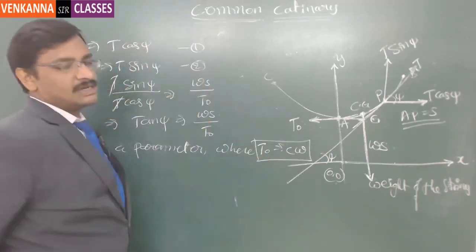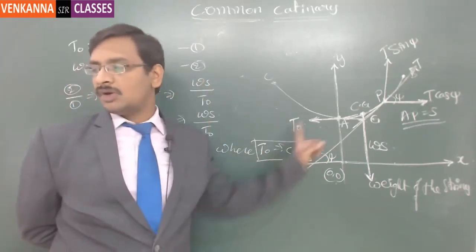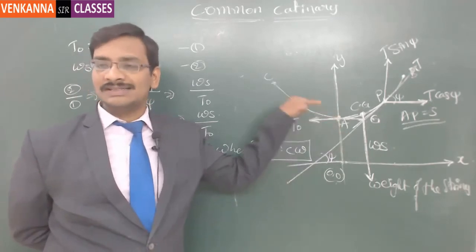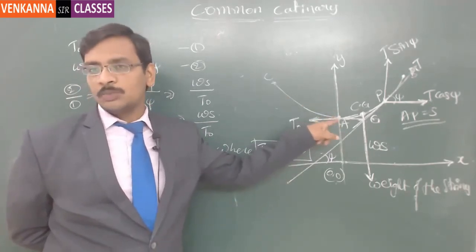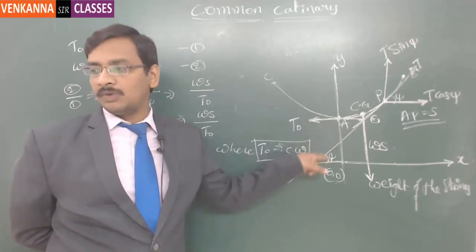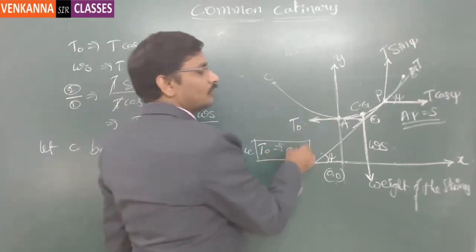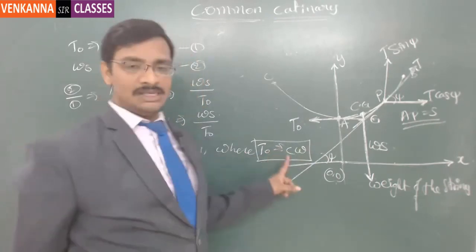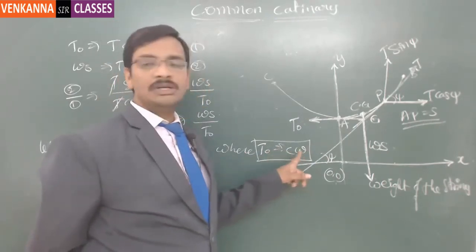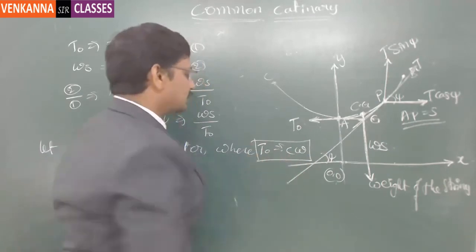Based on this understanding, T naught is the horizontal component of the tension acting at the bottommost point, which is exactly horizontal, parallel to the x-axis. There, if you are able to find a value C where C into W is equal to T naught, this C is called the parameter.